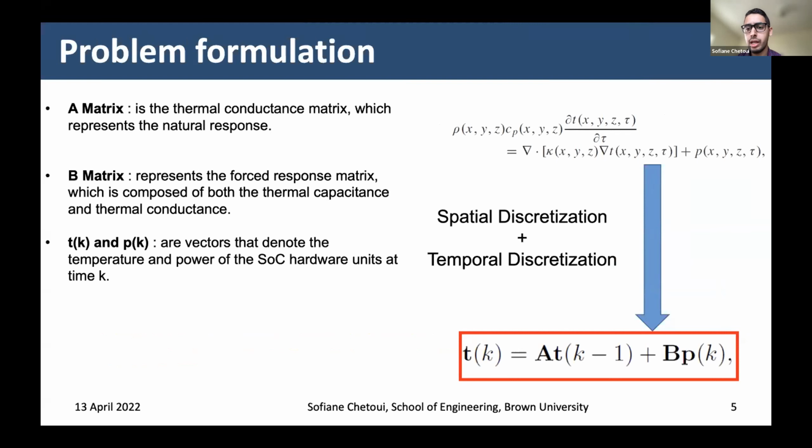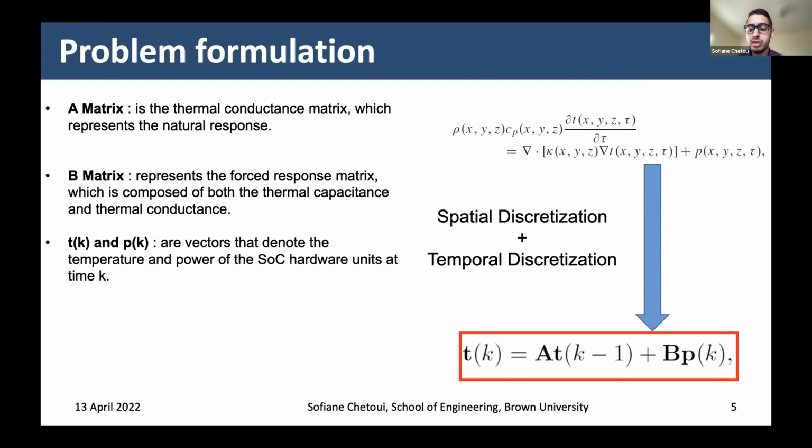The heat diffusion takes into consideration many factors, including the conductivity of the material, its density, and so on. If we perform a spatial and temporal discretization of the heat diffusion, we end up with the following state space model, where temperature at time k is a function of temperature at time k minus 1 and the power at time k.